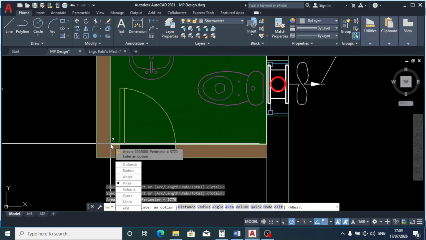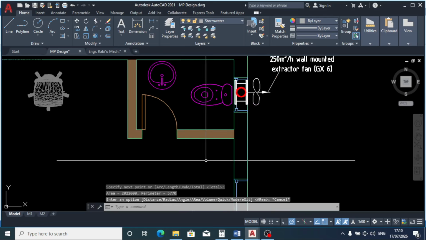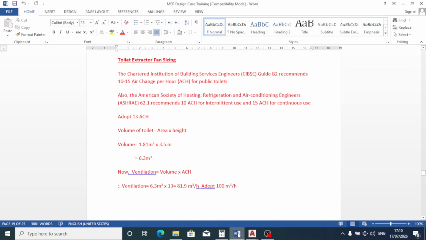So the area of this toilet is 2.2 meters squared.